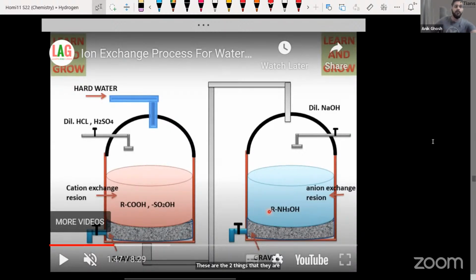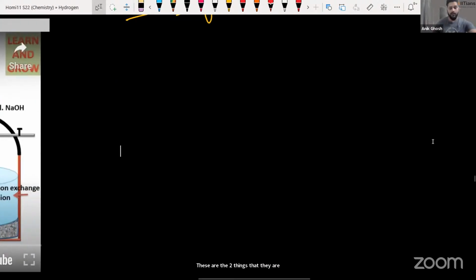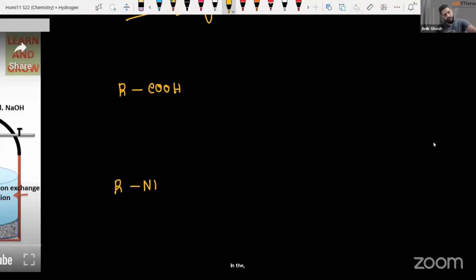Okay. So let's write it down here. Now I'm going to write down the reaction. So in the cation exchange resin, guys, I have the carboxylic acid substances. In the anion exchange resin, we have the ammonium, whose counter ion is OH minus, in this particular way.